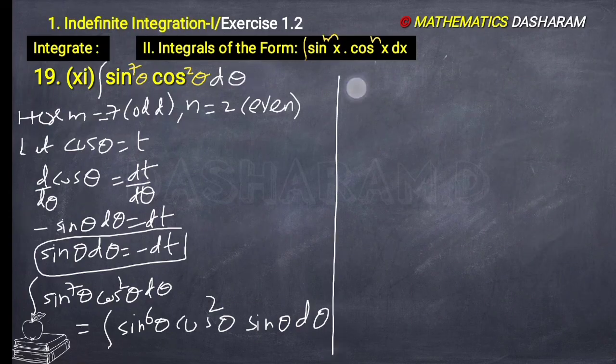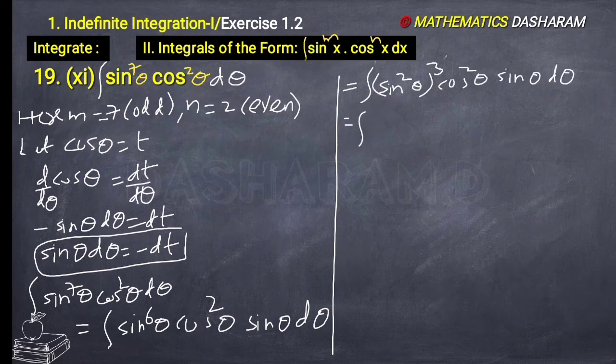So it is equal to integration sin to the power of 6 theta, which can be written as sin square theta whole cube. Here sin square theta equals 1 minus cos square theta, whole cube, into cos square theta into sin theta d theta.